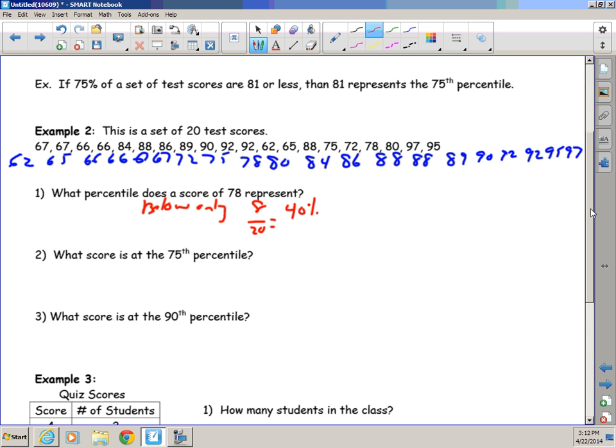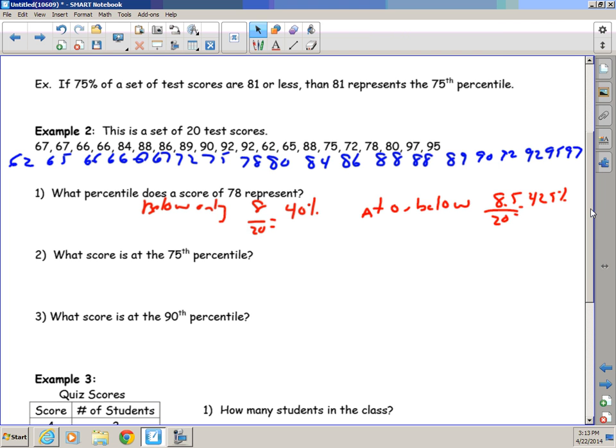If we went at or below, then the 78 only appears once, so we give it a half. So it's 8.5 out of 20, which is 42.5%.